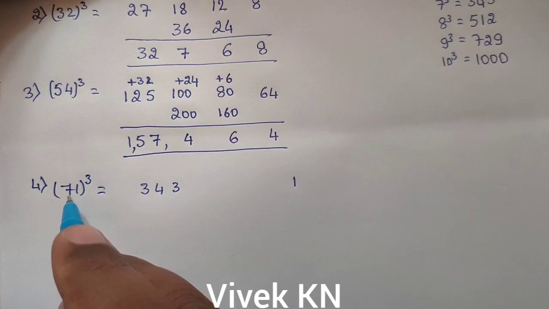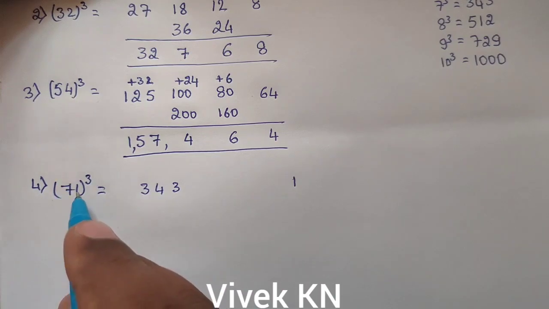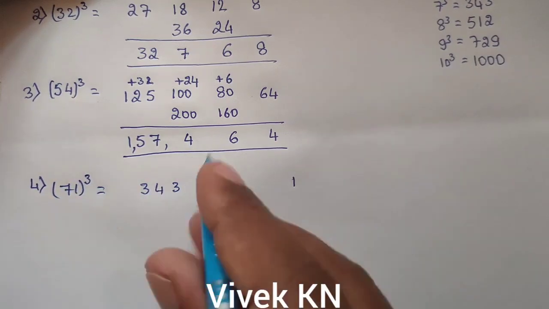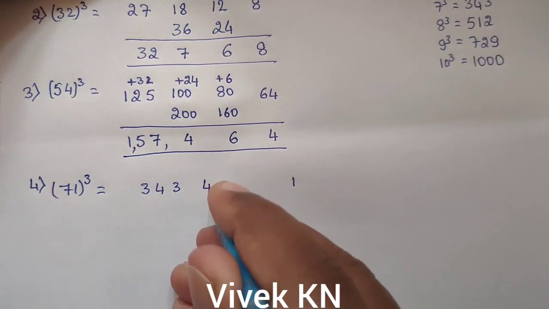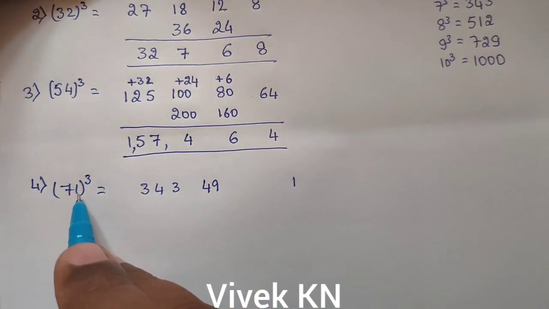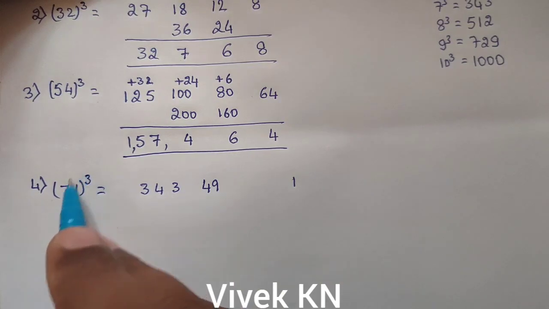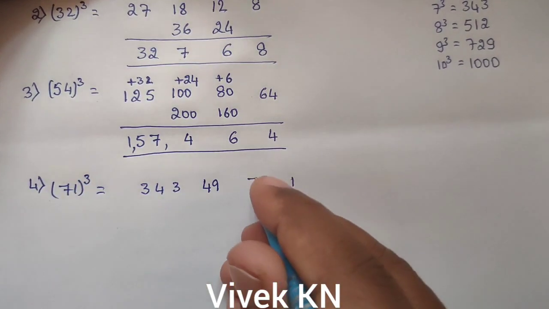That is 7 square is 49. This 49 is to be multiplied with this 1. So 49 into 1 is 49 itself. In the third step, we have to square the second digit. This 1 square is 1, and this 1 is to be multiplied with 7. So 1 into 7 is 7.